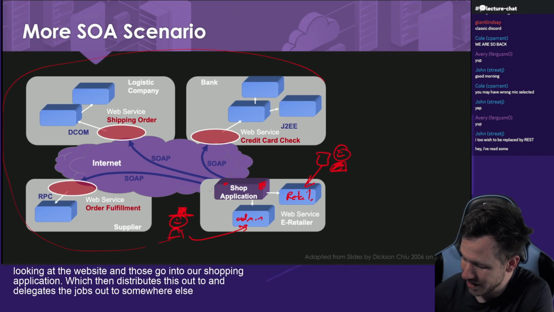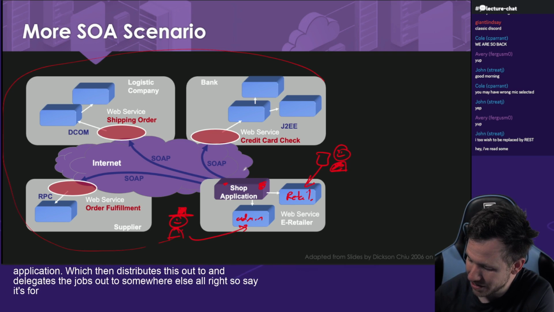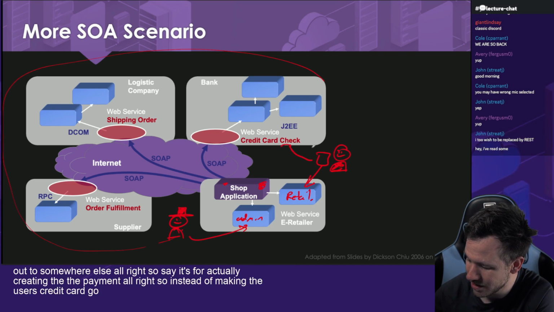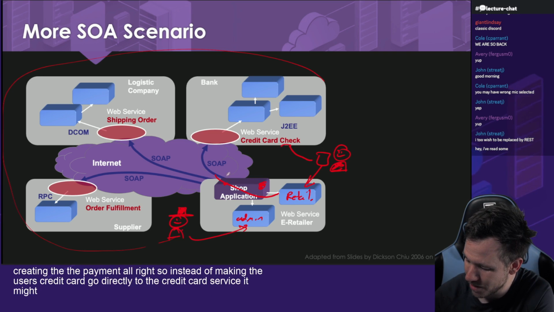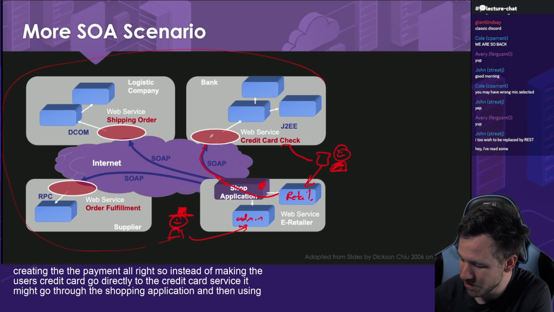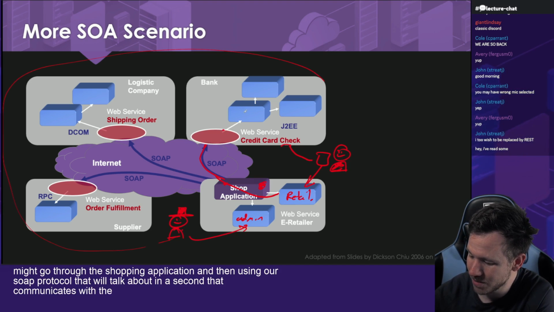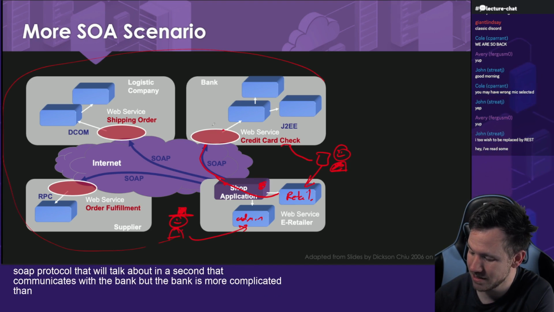Say it's for actually creating the payment. Instead of making the user's credit card go directly to the credit card service, it might go through the shopping application, and then using our SOAP protocol that we'll talk about in a second, that communicates with the bank. But the bank is more complicated than just a single server.